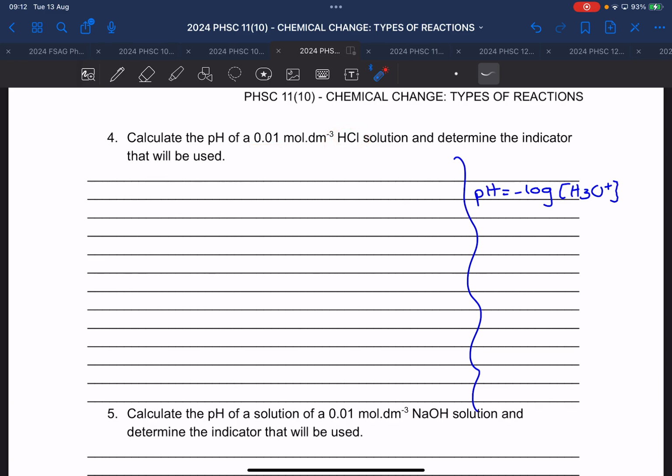So, how can I go from hydrochloric acid to hydronium ion? We want to go from hydrochloric acid to hydronium ion. There is a reaction that we must write.